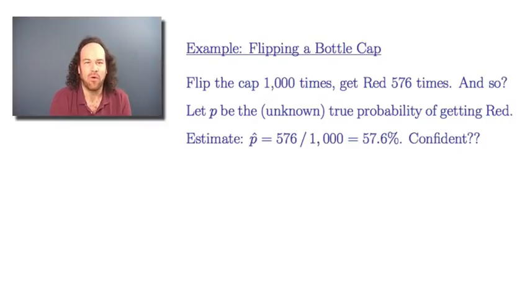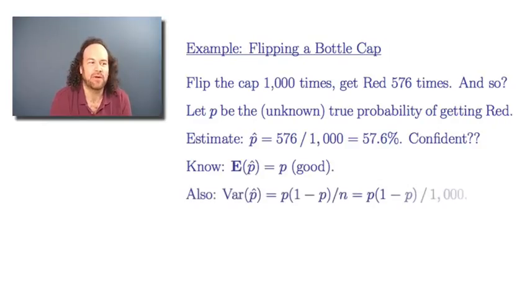We already know that the distribution of P hat has a mean and a variance. In fact, the mean of P hat, or expected value, is equal to P, so that's good. The variance of P hat, we worked that out previously, works out to P times 1 minus P, all divided by N, where N is the number of samples, which in this case is 1,000.